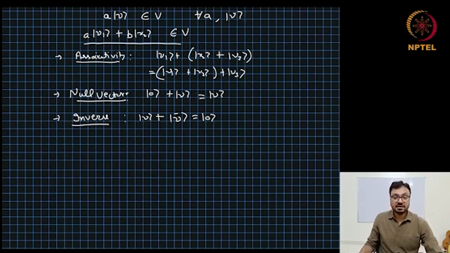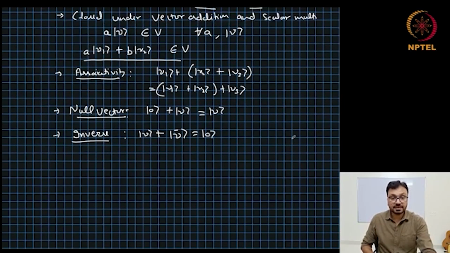So if we have a set of vectors, where vectors can be any abstract quantity or mathematical structure, such that it can be worked out with the scalars, and we can define operations such as scalar multiplication and vector addition over that, then that set of vectors can be called a linear vector space if it satisfies these four conditions.